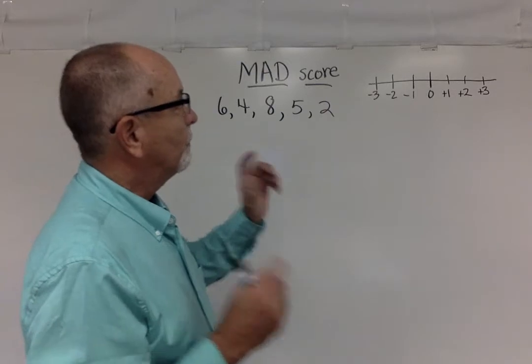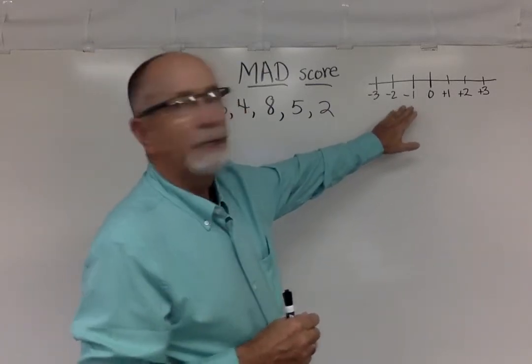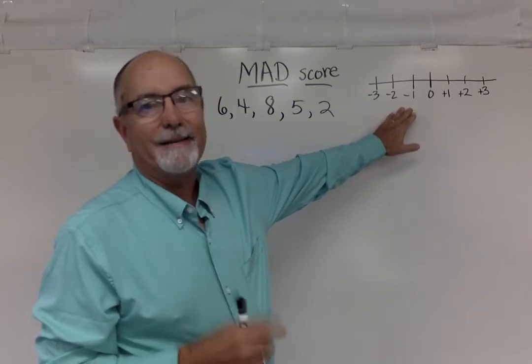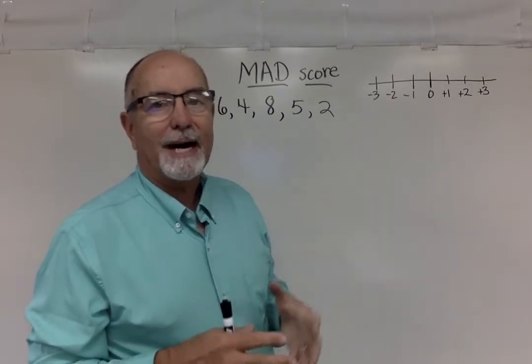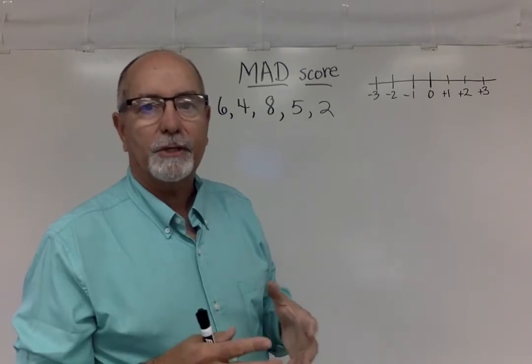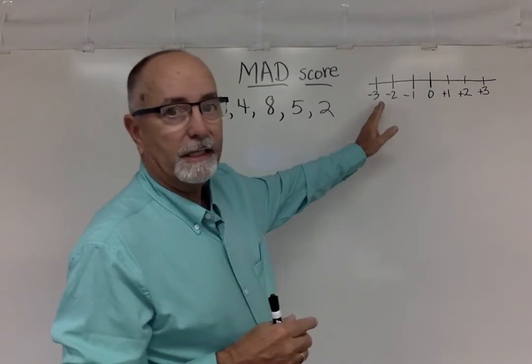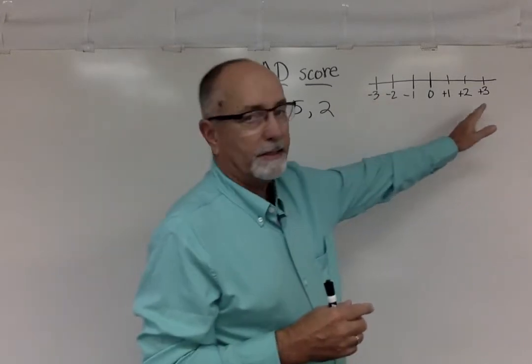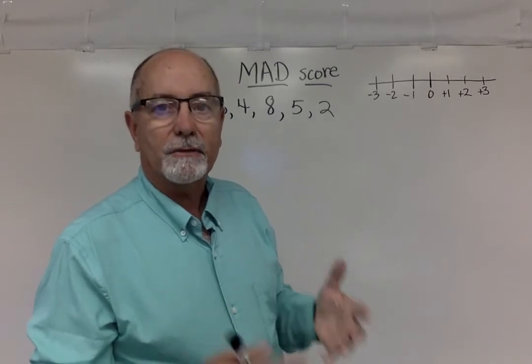And so, first of all, we need to know what absolute means. Absolute value is the distance any number is from 0. So it's always a positive measurement. No matter if you're starting on the negative side of the number line or the positive side, the distance to 0 is your absolute value.